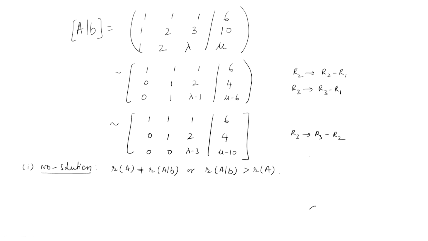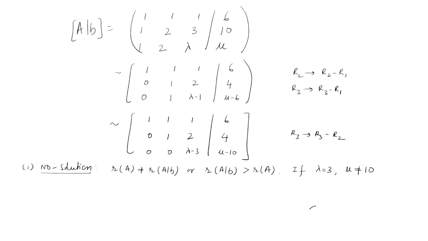Now, we want rank of the augmented matrix more than rank of A. So, if lambda is equal to 3, then rank of this matrix is 2, and we want rank of this matrix as 3. So, the entire matrix rank will be 3 if mu minus 10 is not equal to 0, that is mu should not equal 10.